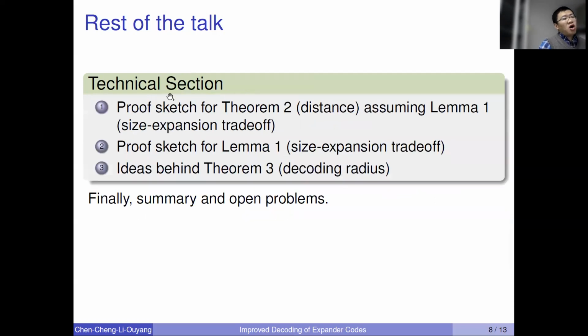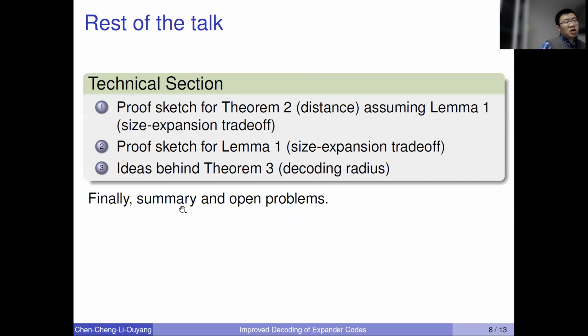So for the rest of the talk, I will first go over the technical section. I will sketch the proof for theorem 2, assuming the size-expansion tradeoff, and sketch the proof for the size-expansion tradeoff lemma. Then I will tell you some ideas behind our new decoding algorithm.